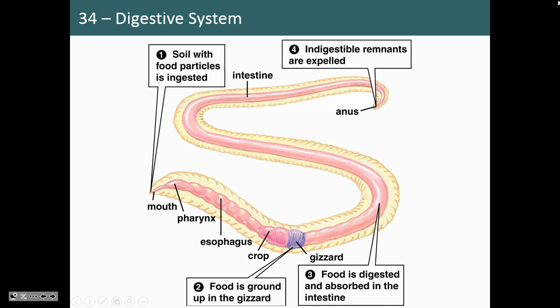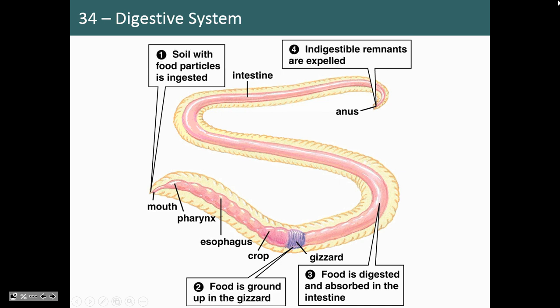And so the crop is going to add solution to the food and start to moisten it and hydrolyze some of the materials inside. And then the gizzard is going to do the chewing action. So in the case of the earthworm, the gizzard is going to use soil particles and small bits of sand and silica from the food from the soil that's been ingested with the food to grind against the food materials and chew it up, right?